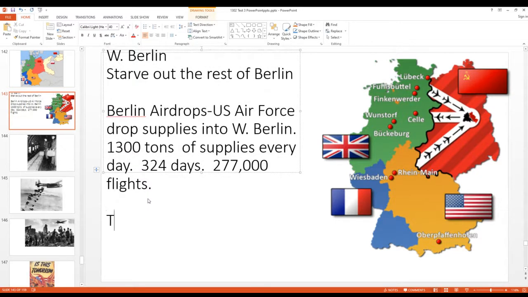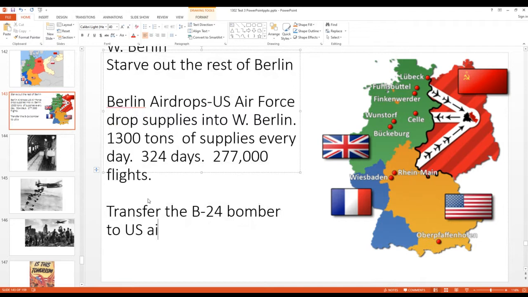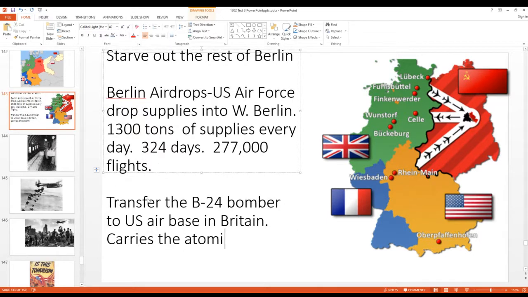The second thing Truman does is transfer the B-24 bomber to a U.S. air base in Britain. Now, what the heck is this all about? Well, the B-24 bomber carries the atomic bomb.